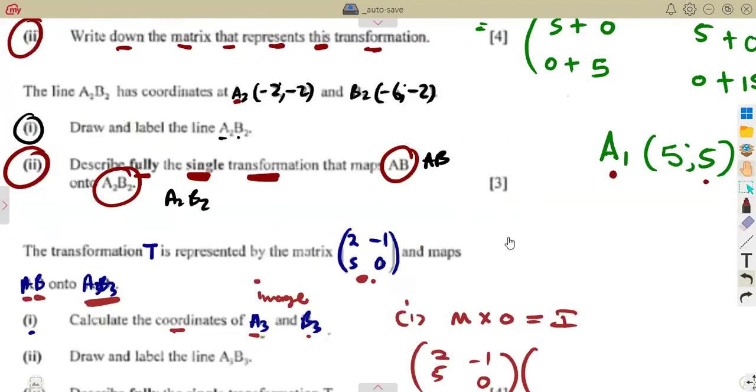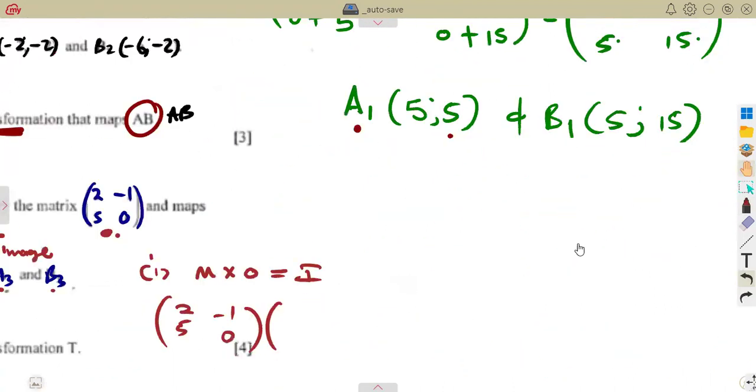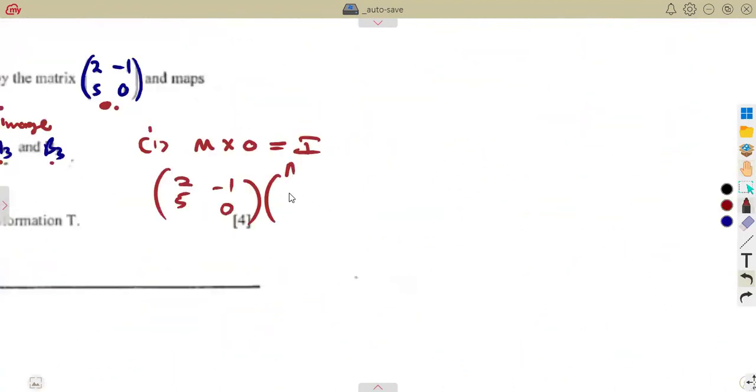This does not change. You still remember our AB before, AB 2, 2, 2, 6. So we've got our point A, 2, 2, B, 2, 6. So that's it, considering the row by column concept. That's this row versus this column. Okay, so this row versus this column, 2 times 2, that will be a 4.